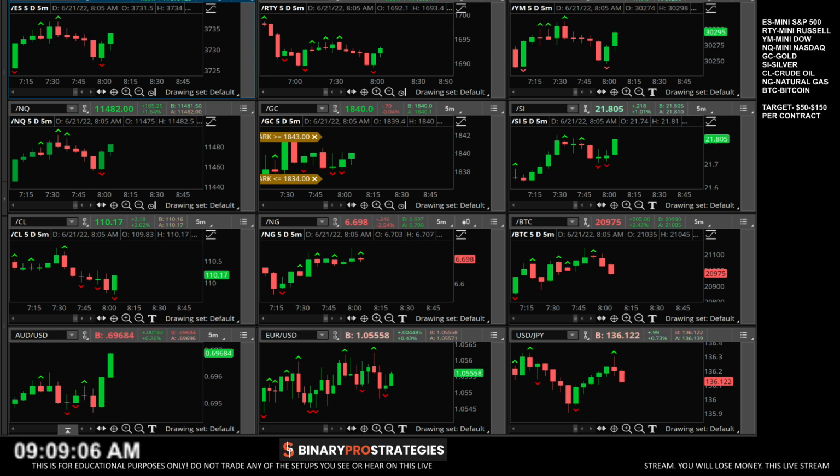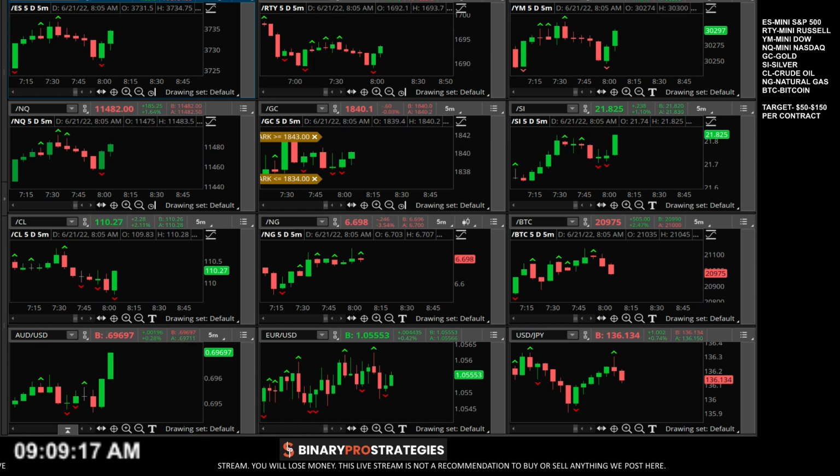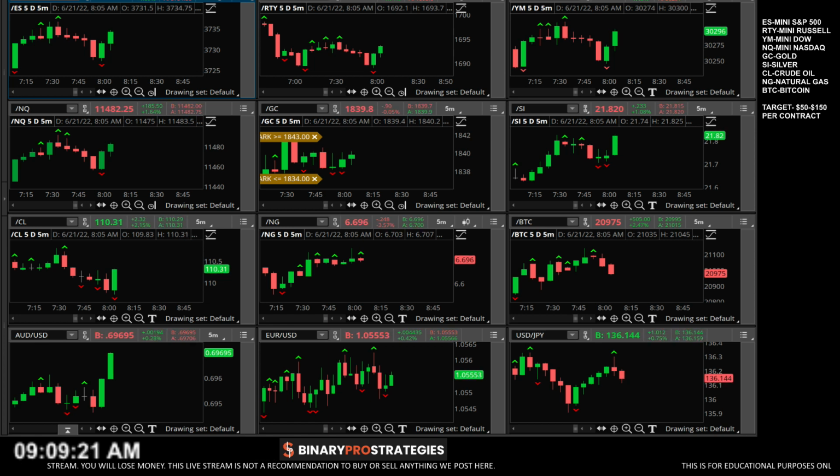Not much of a risk on this yen, only $23 risk based on entry. All right, and we are still long the gold, looking for a target of 1843.